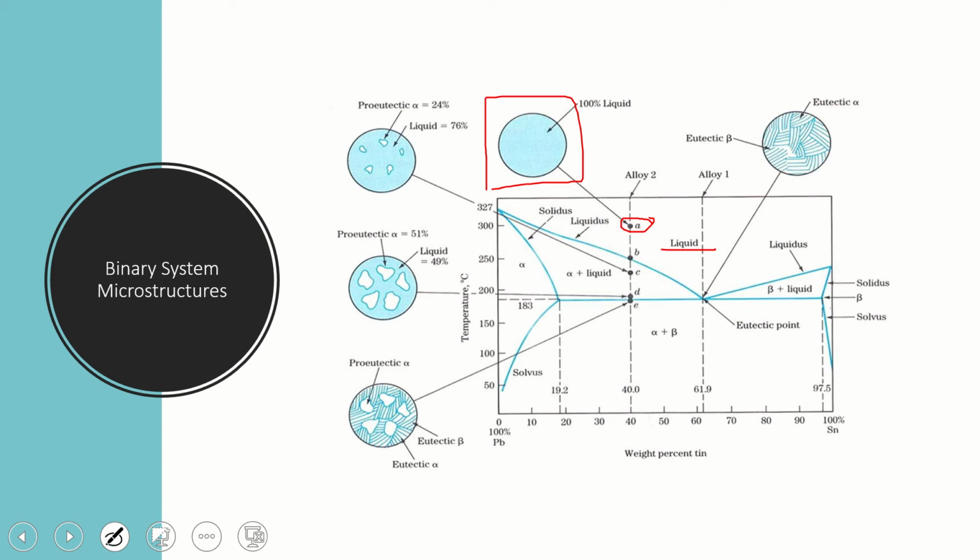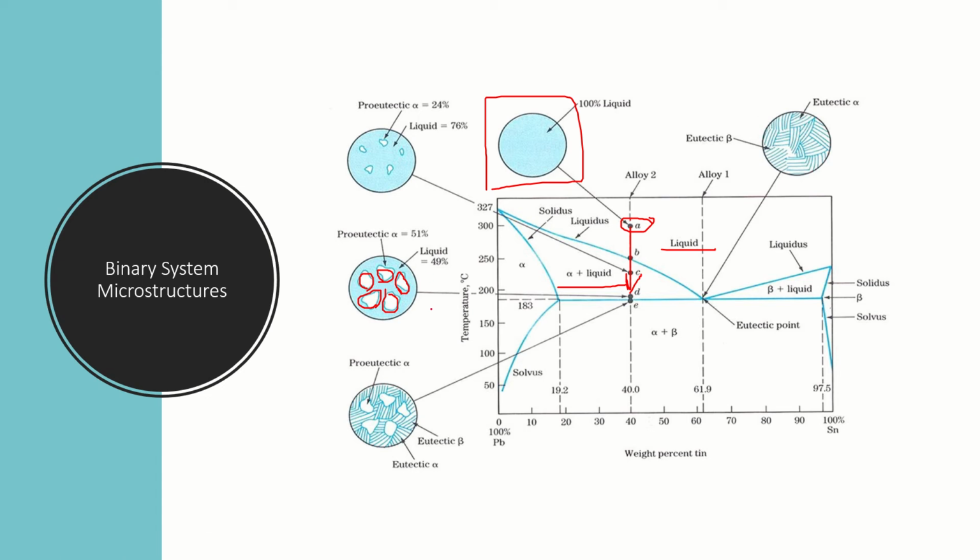As you lower the temperature, it goes from pure liquid to liquid plus solid. So you start getting a little bit of precipitates inside of the liquid. As you lower the temperature, the more alpha solids you will have inside of this structure.